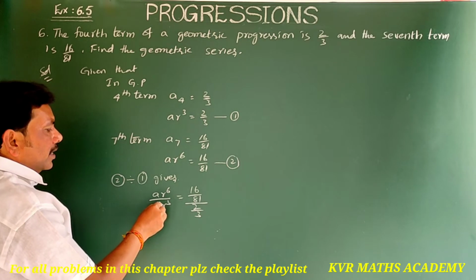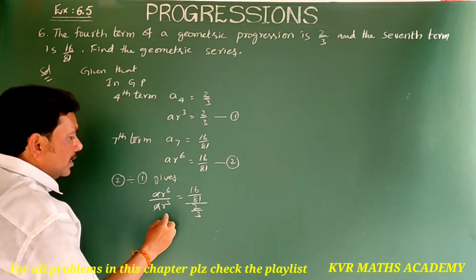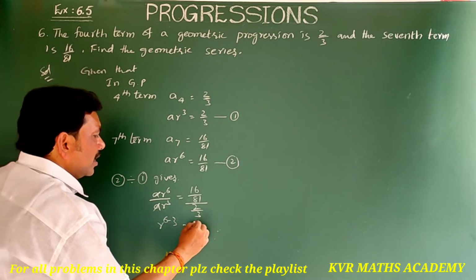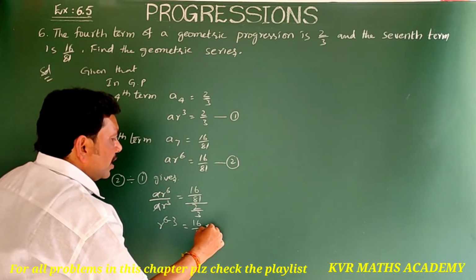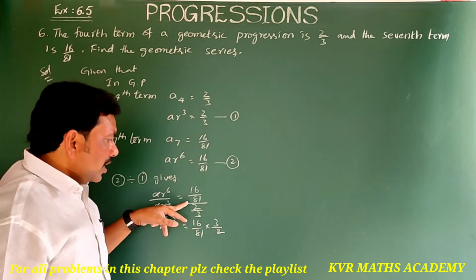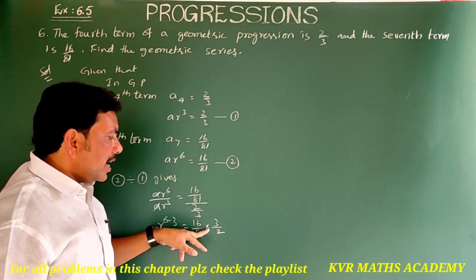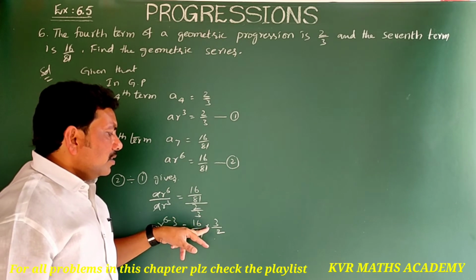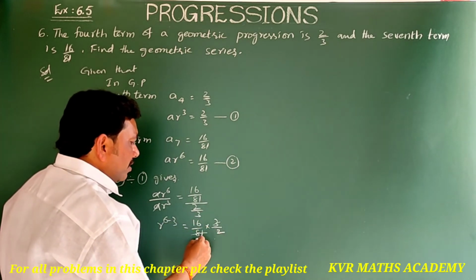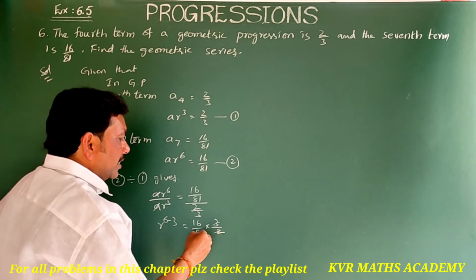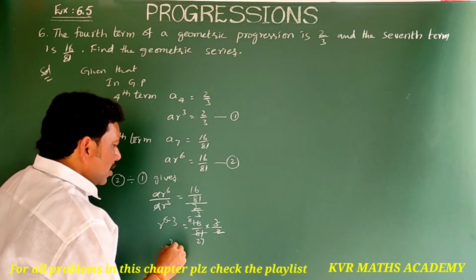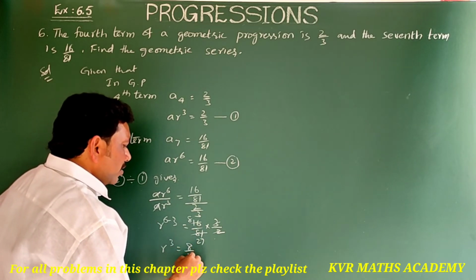Here a gets cancelled. r power 6 by r cube means r power 6 minus 3 is equal to 16 by 81 into 3 by 2, taking the reciprocal. 3 in 81, 27 times gets cancelled, and 2 in 16, 8 times gets cancelled. So r cube is equal to 8 by 27.